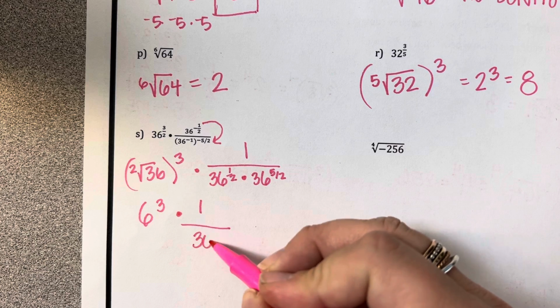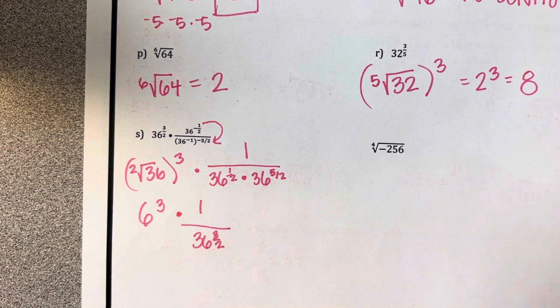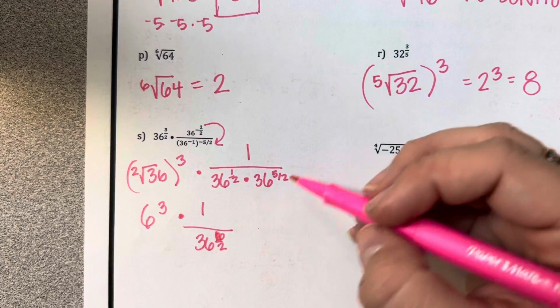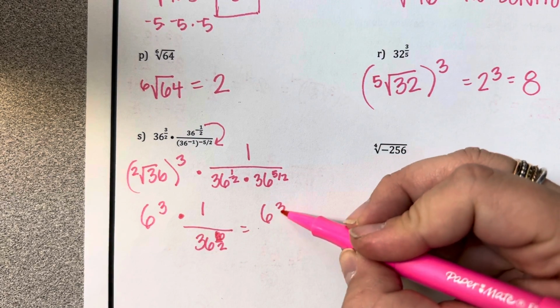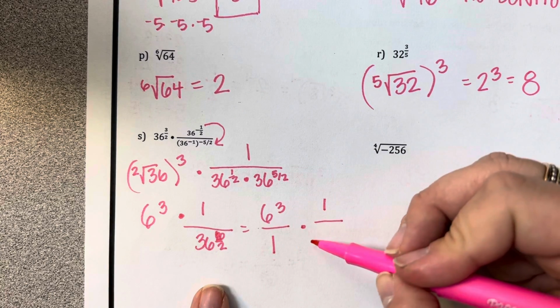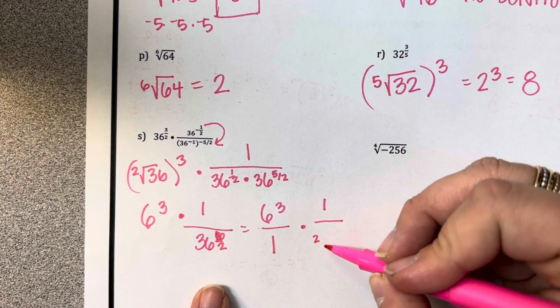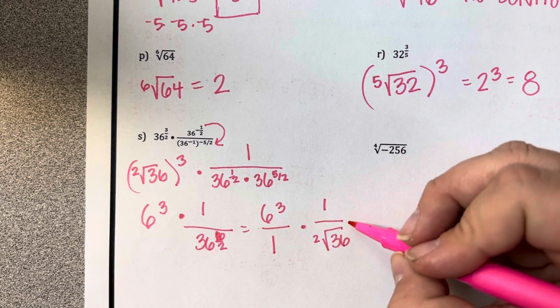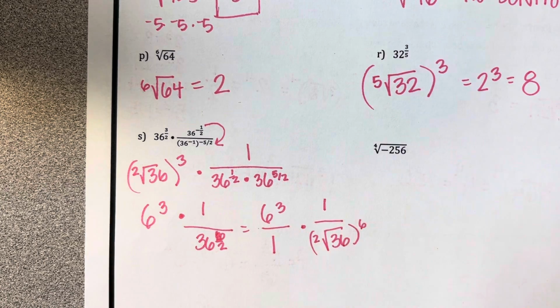So that's 36 to the 3 over 2, because 6 over 2, which means 6 to the third over 1 times 1 over the square root of 36 to the 6th power. Do we agree with that?